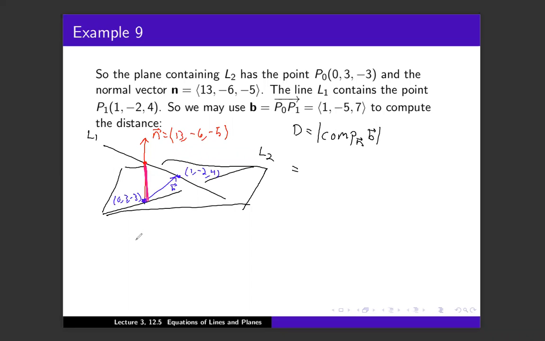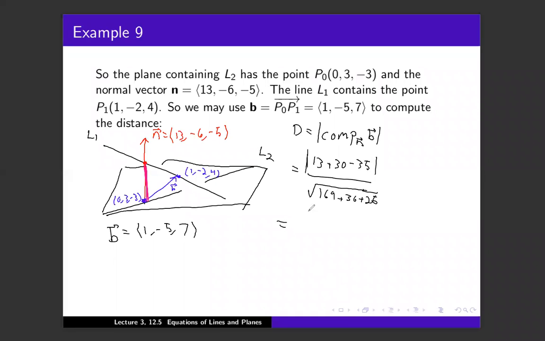What is the vector B, by the way? Vector B is (1, -2 minus 3 which is -5, 4 plus 3 which is 7). So that's going to be the magnitude of 13 times 1, -5 times -6, so plus 30, and 7 times -5 is minus 35, over the magnitude of the normal vector, which is the square root of 13 squared, 169, plus 36 plus 25.